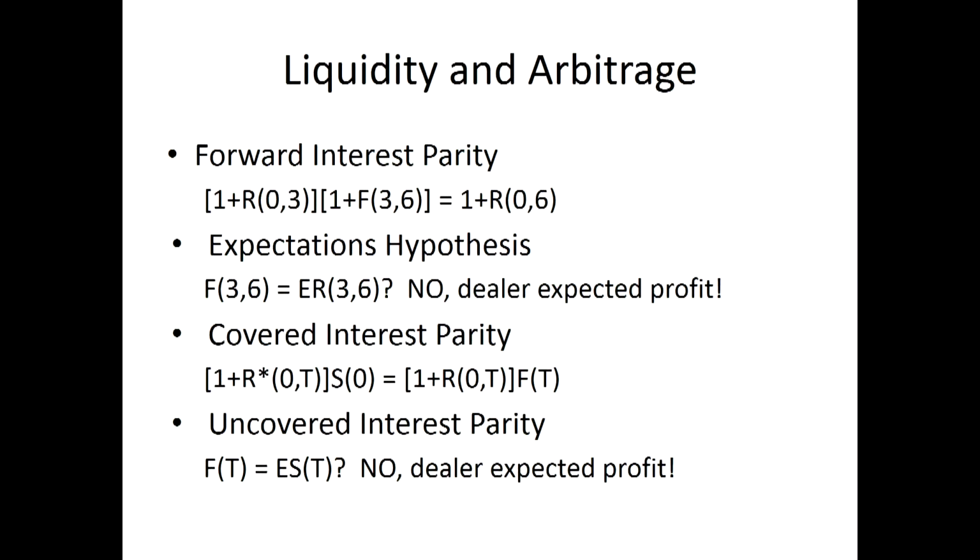The expectations hypothesis is the idea that this forward rate should be an unbiased expectation of the future spot rate. And as I said, that fails empirically. It fails reliably empirically. It always fails. Why does it fail? The idea that banking is a market-making operation is a possible explanation of that. It fails because there would be no dealer who's going to make that market.